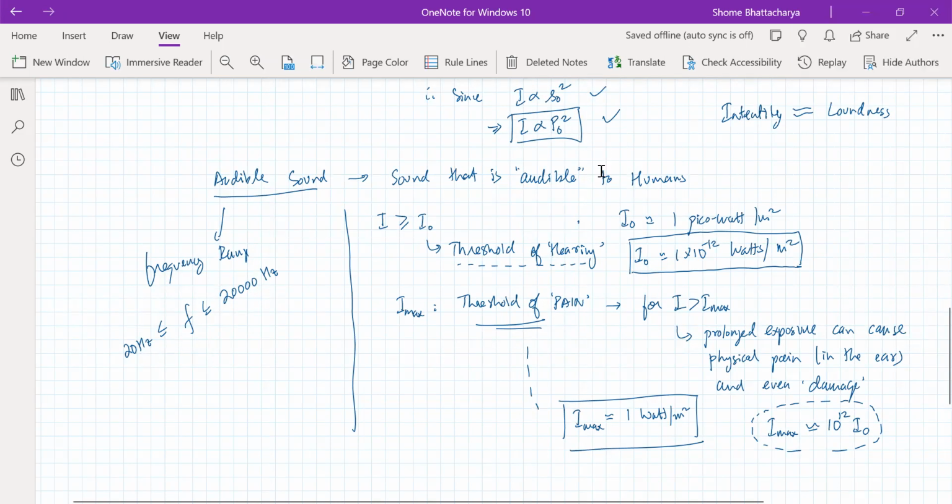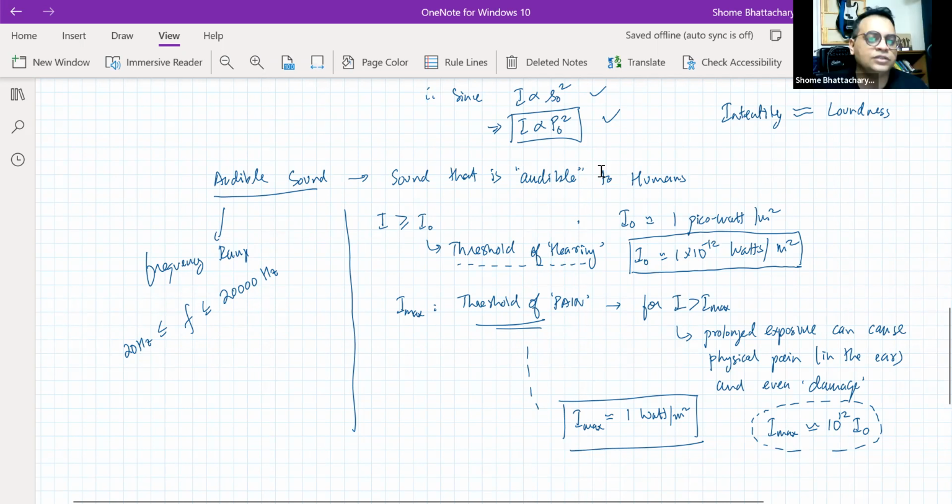Whereas for any sound to be audible in terms of loudness, because if the sound is too soft, then it will not create enough disturbance for our eardrum to vibrate enough, and therefore there will be no signal produced and sent to the brain. So there has to be a certain minimum loudness or a minimum intensity in terms of physics. That minimum intensity is what is called the threshold of hearing.